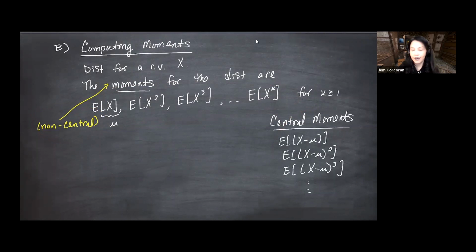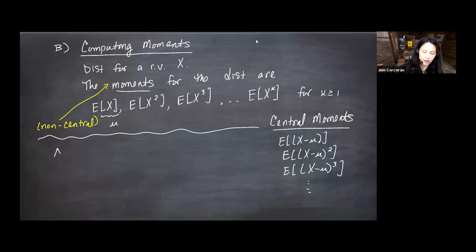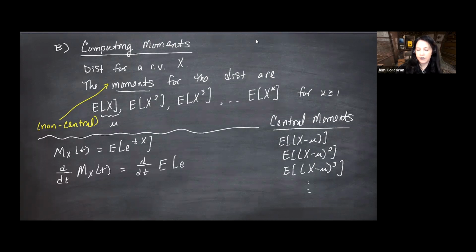So apparently the moment generating function can generate moments. So check this out. The moment generating function for a random variable x is the expected value of e to the tx. And I am going to take the derivative with respect to t of this expected value.